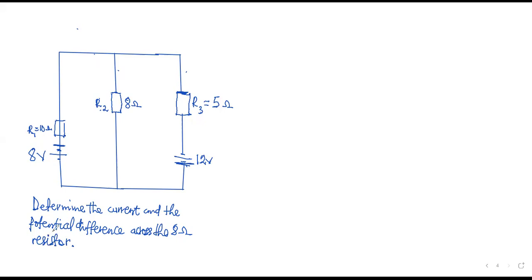So you are calculating for the current in the 8 ohm resistor as well as the PD across it.